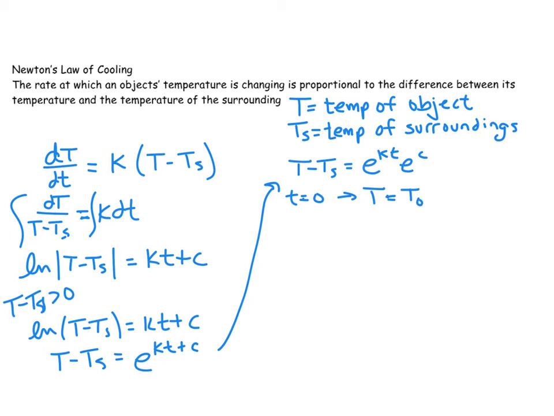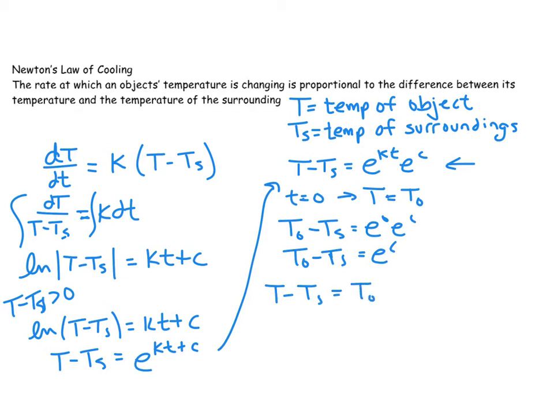So I'm going to put 0 in for little t and T sub 0 in for capital T, so T sub 0 minus T sub S would equal e to the 0 times e to the c, which means T sub 0 minus T sub S equals e to the c. And if I rewrite my equation, T minus T sub S equals T sub 0 minus T sub S times e to the kt, and that is Newton's law of cooling.